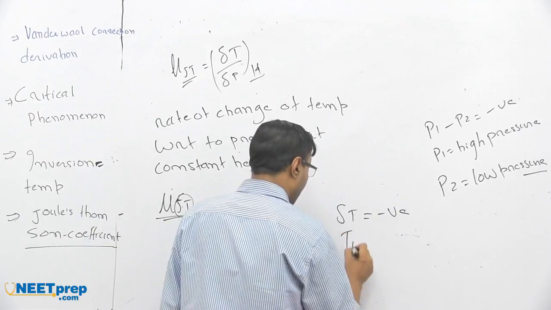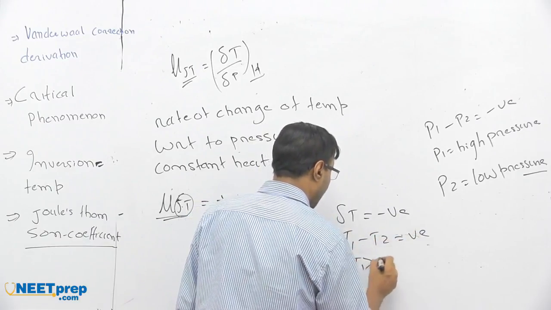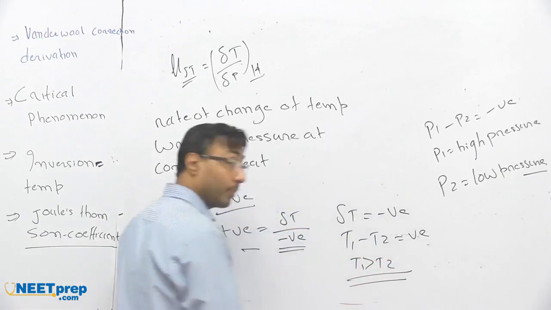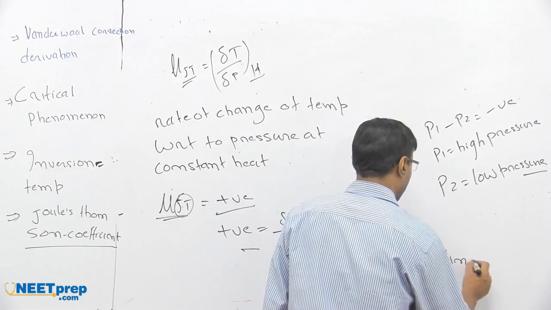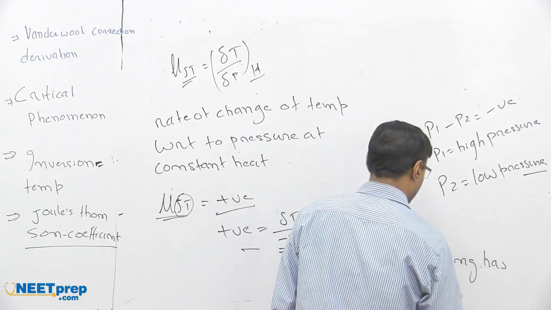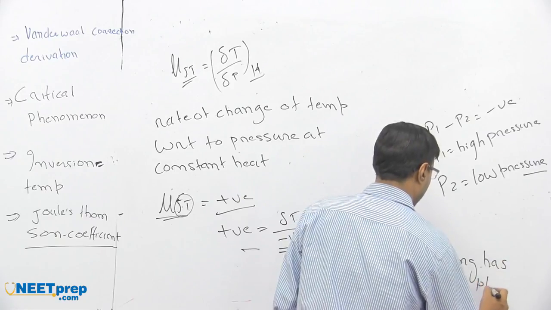If it is negative, it means T1 minus T2 is negative. It means T1 is higher than T2. It means cooling effect has taken place.